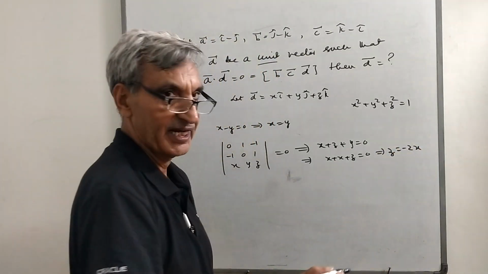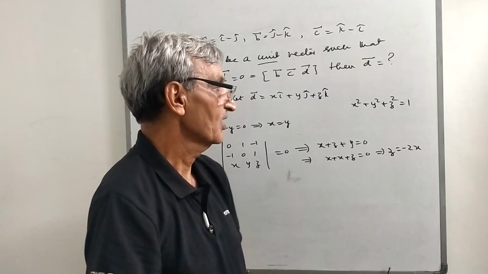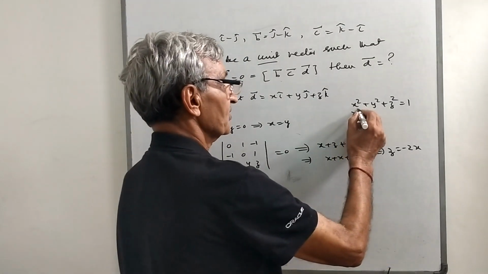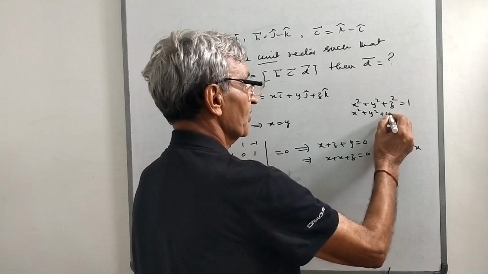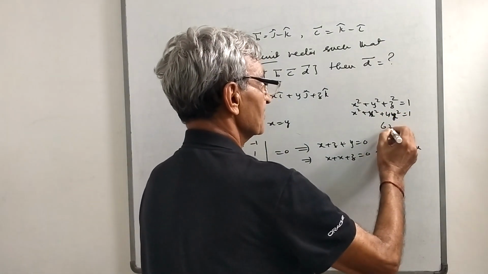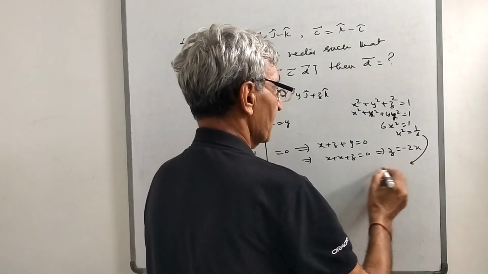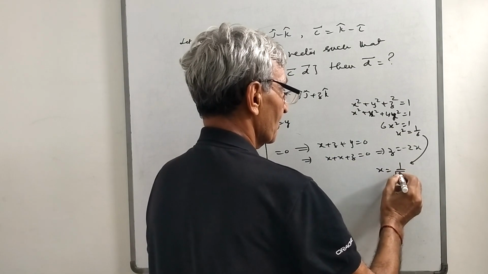Here I get x is equal to y and z is equal to minus 2x. Put it in: x square plus y square plus 4x square is equal to 1, so 6x square is equal to 1, x square is equal to 1 over 6, and x is equal to 1 over root 6.